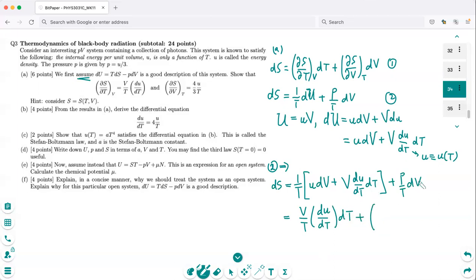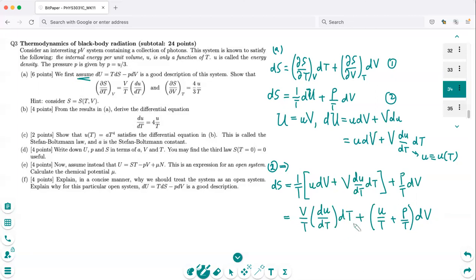Plus the term with dV, we have little u over T plus P over T, and then the whole thing is dV.